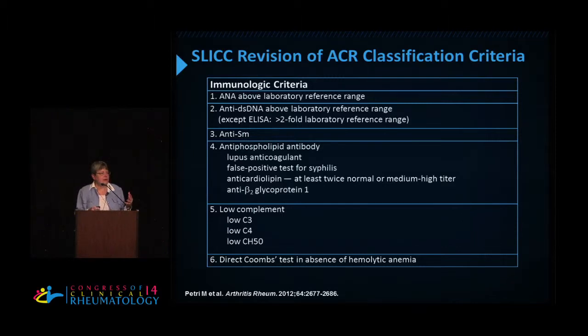In the old ACR criteria, all the immunologic ones were lumped into one. And obviously our new SLICC criteria are trying to emphasize that this is an autoantibody-driven disease. So you'll see that anti-Smith is split off. It's a standalone. And the anti-phospholipid antibodies are a standalone.